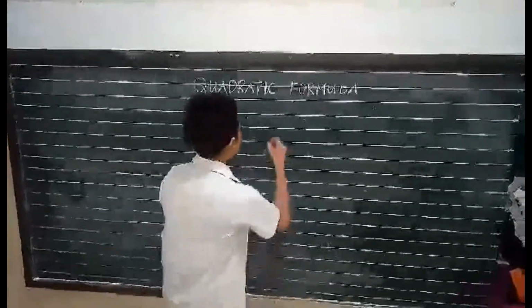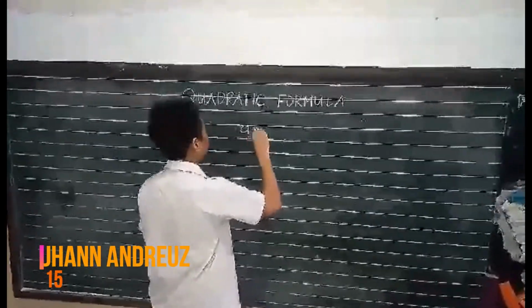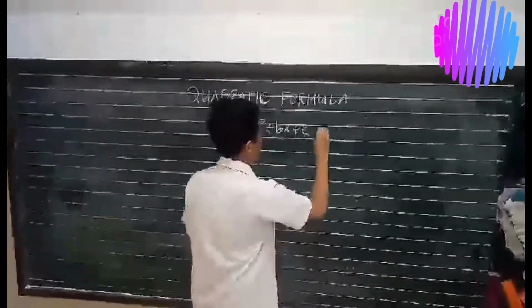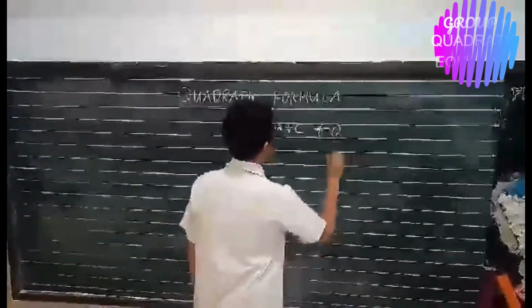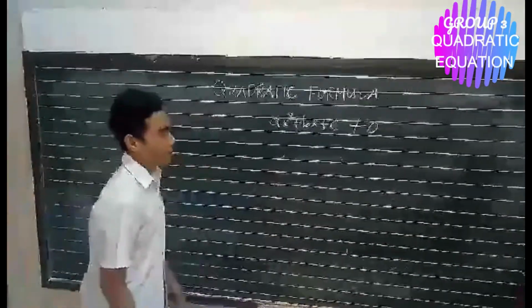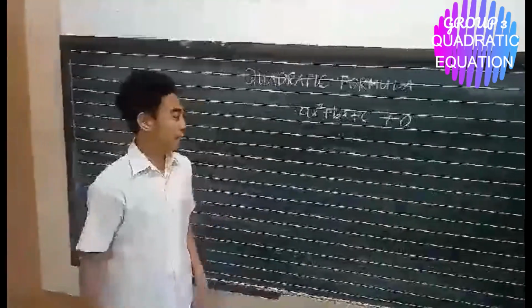This is a quadratic equation wherein ax squared plus bx plus c is not equal to 0. We are going to use this as our guide in solving our quadratic equation using the quadratic formula.